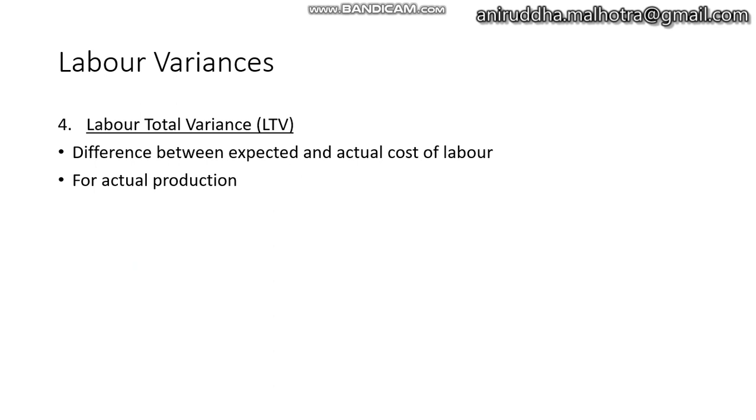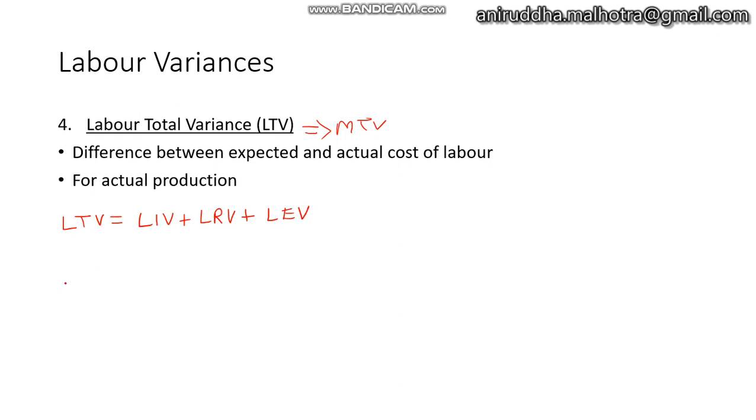And then the last variance is your labor total variance. This is the difference between what the total labor cost should have been for actual production compared to what it actually was. Again, this is something like your material total variance. So here we can say your labor total variance is nothing but the sum of your labor idle variance plus labor rate variance plus labor efficiency variance.